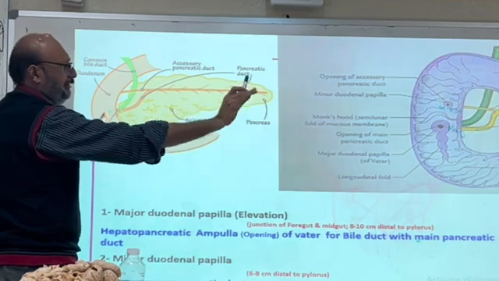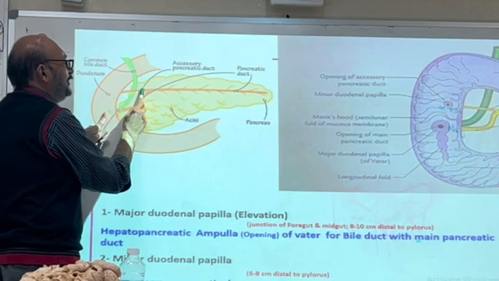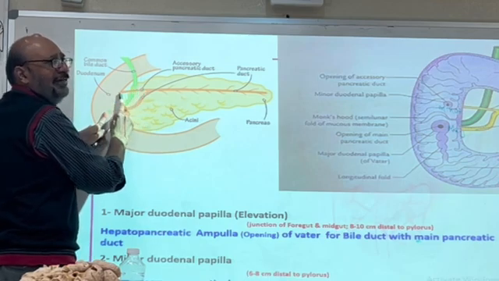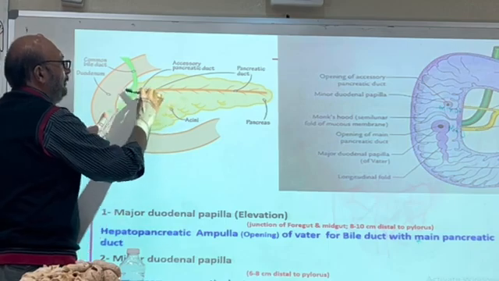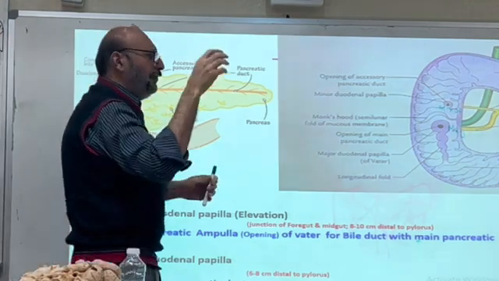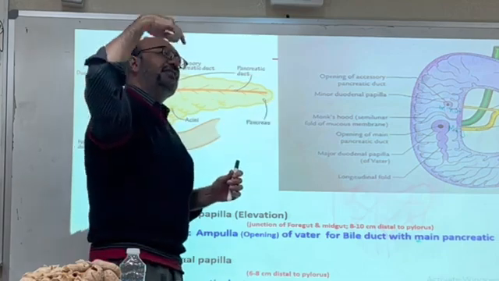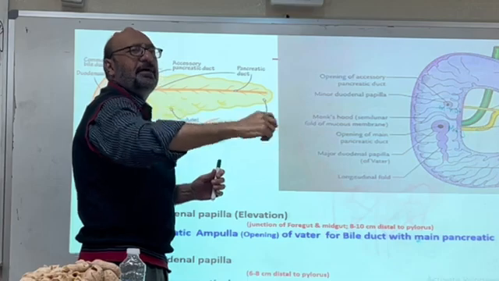I will show you the papilla, wait. But the head part of the pancreas has an extra duct. This is known as the accessory duct of the pancreas. This makes the duodenal papilla a minor papilla. So we should remember the distance from the oral cavity or mouth to the papilla.